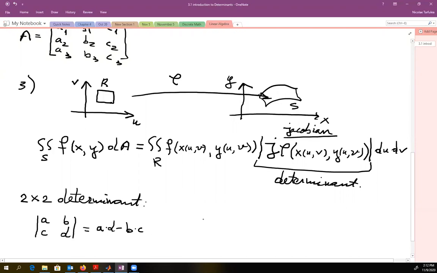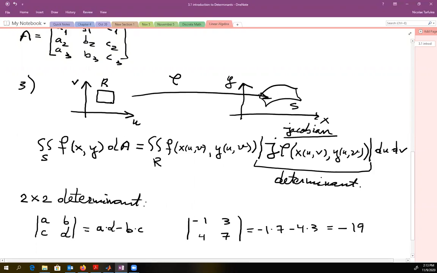So for example, if you have something like this, let's say -1, 3, 4, 7, what's this? It's -1 times 7 minus 4 times 3. So I have -19. It's a number, right?